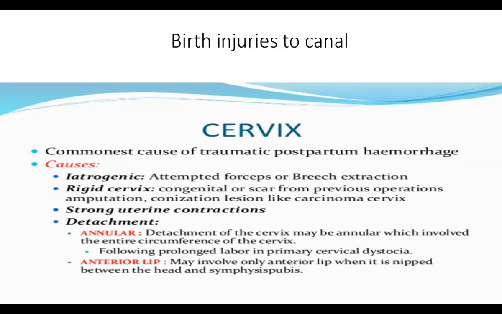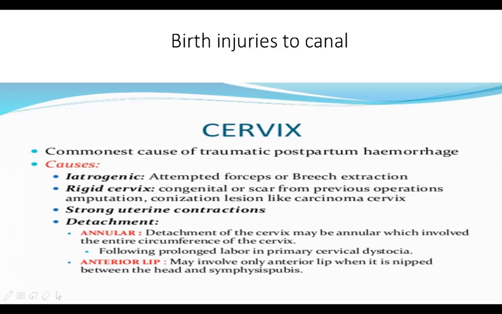Or if the cervix is rigid, it may be a congenital situation, or it may be acquired, that is a scar from a previous operation, amputation, or conization, or lesions like carcinoma of the cervix that have been treated, and a scar can also lead to rigidity. And as I already explained, a strong uterine contraction can be there.